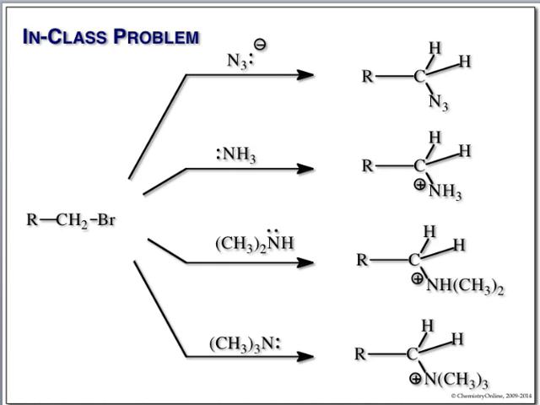Now this must always wind up with a positive charge because there's no hydrogen to lose. So, simple SN2 reaction. Identify your nucleophile. Identify the leaving group. And you simply substitute the two of them. Very, very simple. If you have a chiral center, remember you must invert the configuration.